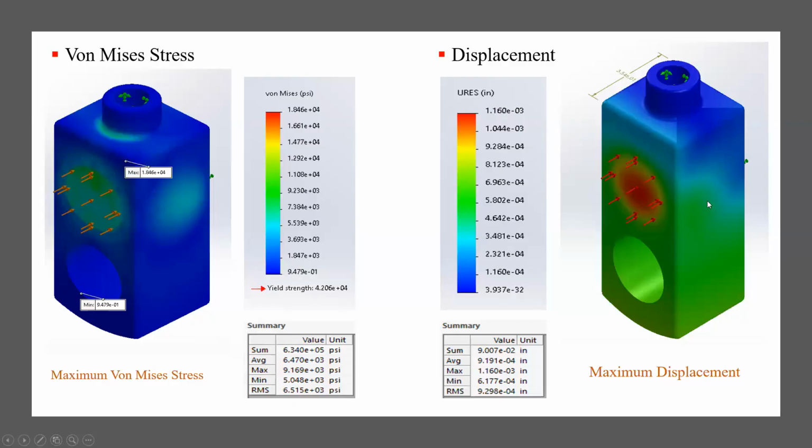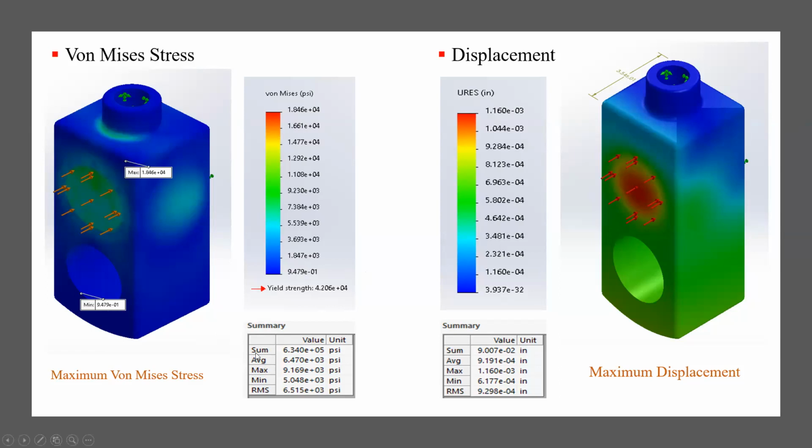This slide shows the finite element analysis when the gate is fully closed. The red color shows the maximum pressure that comes from the fluid, because when the gate is closed, all the fluid is pressing on the surface of the gate.